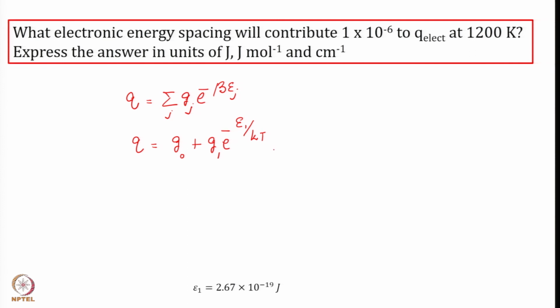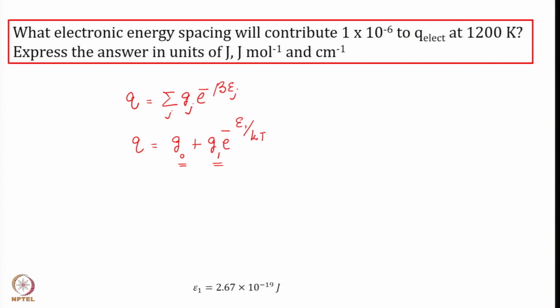I can also go to plus g2 exponential minus beta E2, but since the electronic energy spacing is large, it doesn't make sense to go to the further higher energy levels. These g0, g1 are the degeneracies of the ground state and the first excited state respectively.